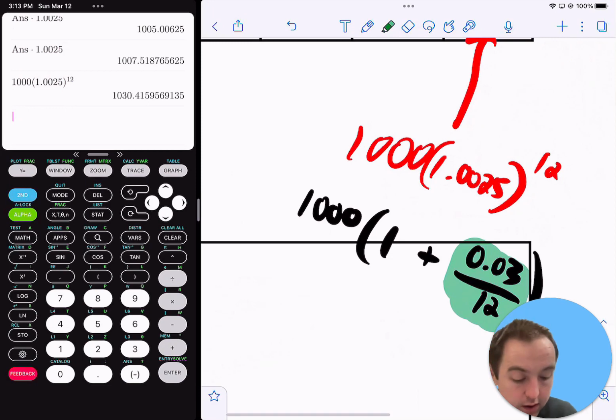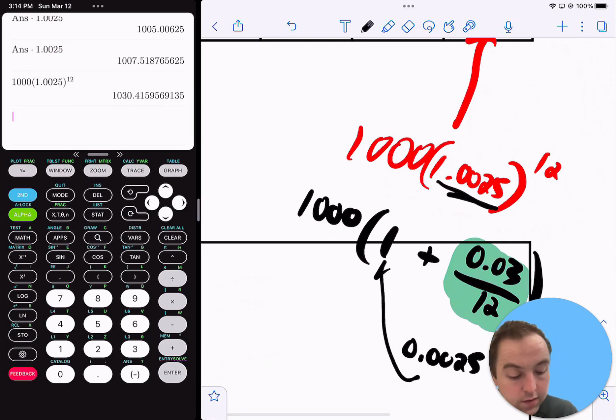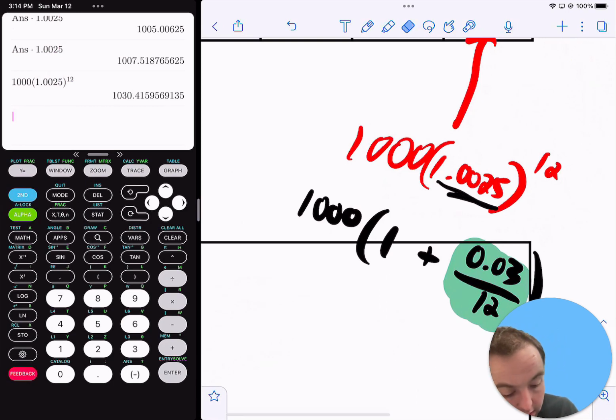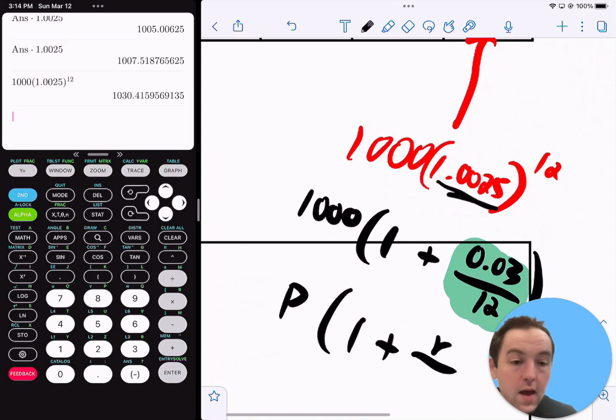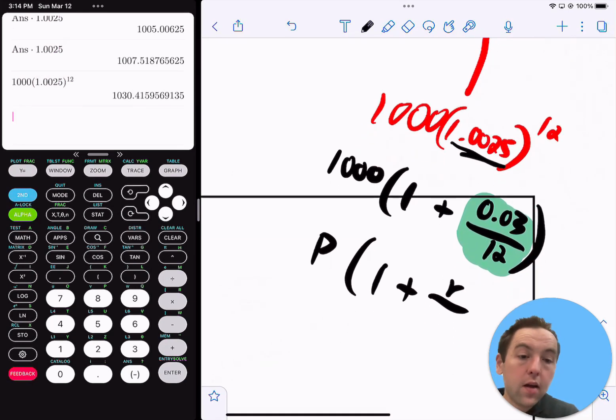This fraction, when divided out, gave us 0.0025, that 1/4%, which then added with that 1 to equal this number. Generalizing this, we took the principal times 1 plus our annual interest rate divided by 12. I'm going to introduce a new variable that we haven't seen yet.